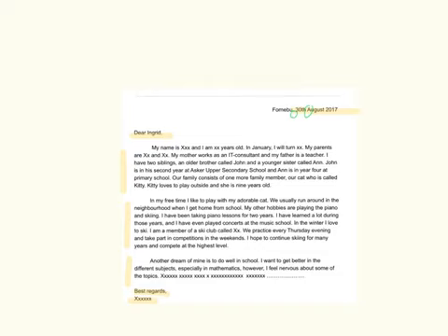My mother works as an IT consultant, and my father is a teacher. I have 2 siblings, an older brother called John and a younger sister called Anne. John is in his 2nd year at Asker Upper Secondary School, and Anne is in year 4 at primary school. Our family consists of one more family member, our cat, who is called Kitty. Kitty loves to play outside, and she is 9 years old.